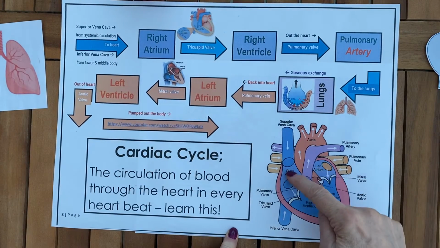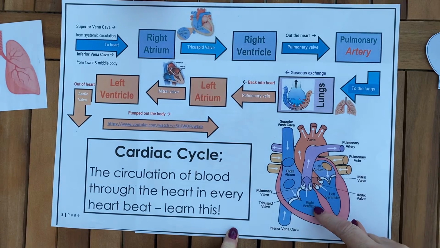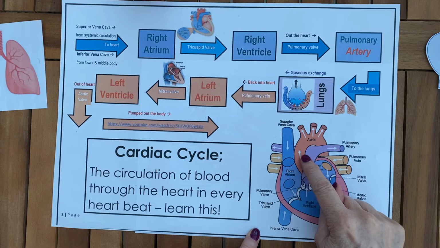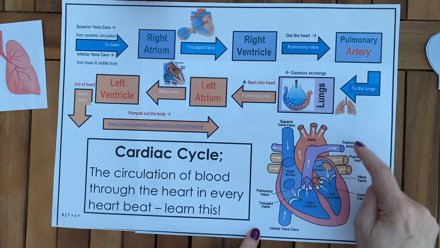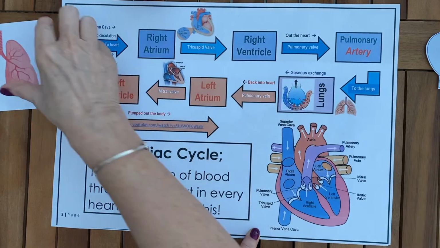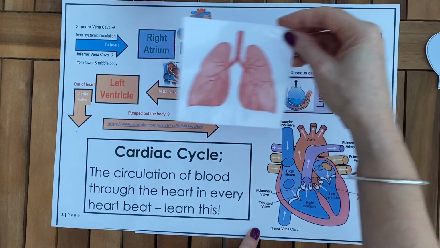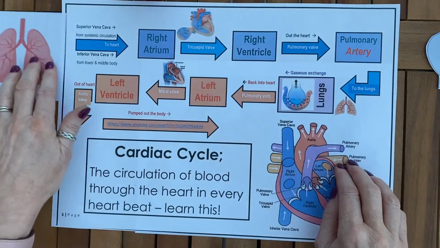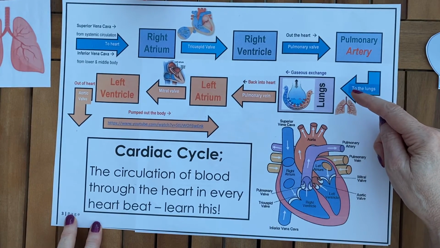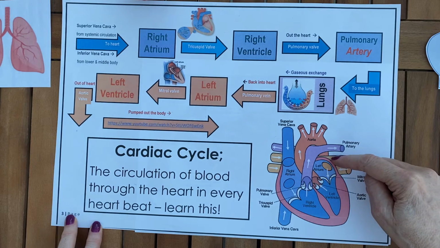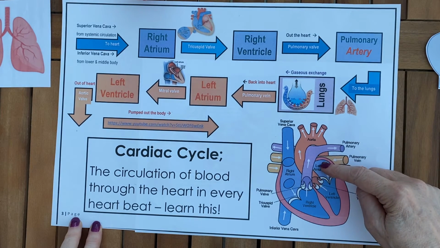So it's coming through here, atrium, ventricle. It's then another contraction and it will go out through the pulmonary valve and then along through the pulmonary artery there. It then collects the oxygen at the lungs. So this is represented here as the gaseous exchange. It comes back through the pulmonary vein and into the left atrium, that entrance back arriving.